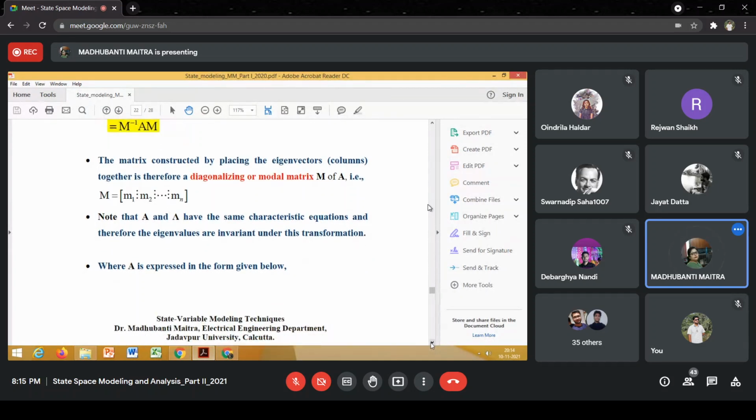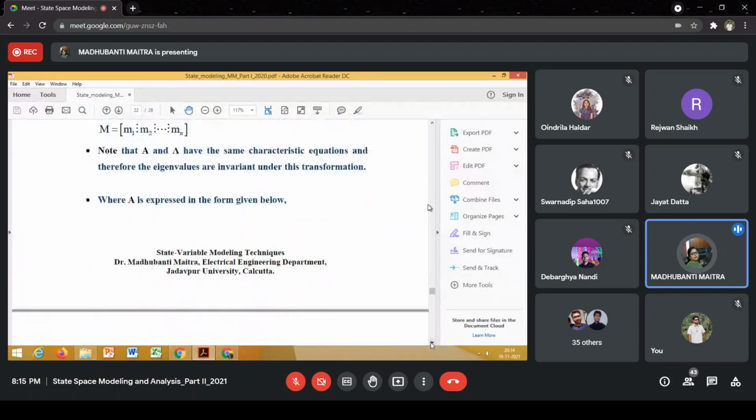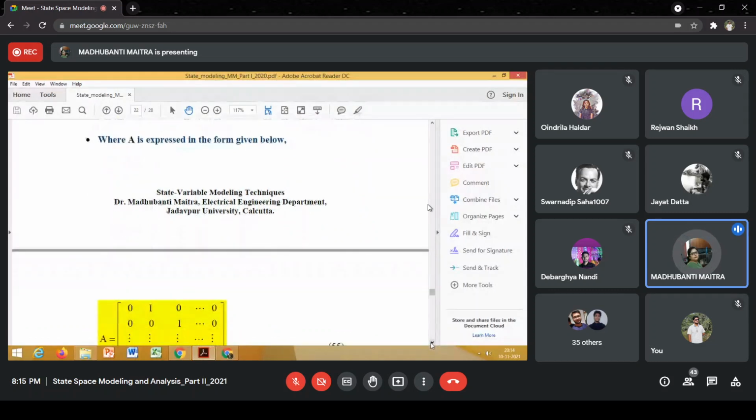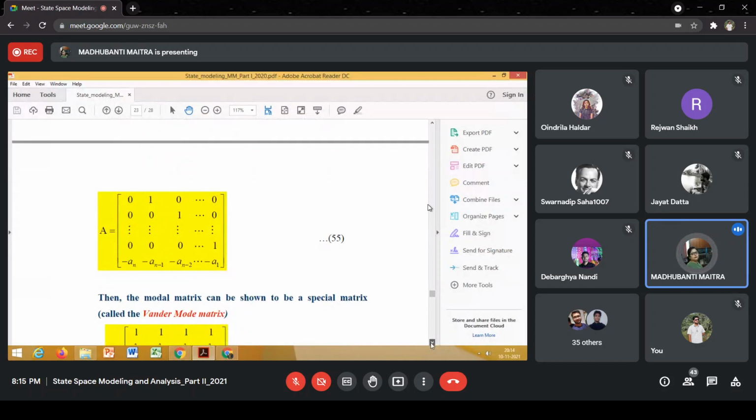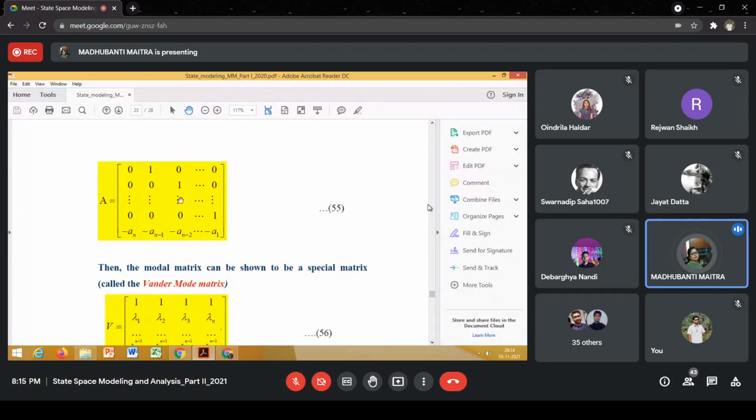Right? Now, if A is expressed in Bush form or companion form, that means if we use phase variables, A is equal to 0, 1, you see the upper off-diagonal elements are 1, and the last row contains the coefficients of the differential equation or transfer function or characteristic equation.